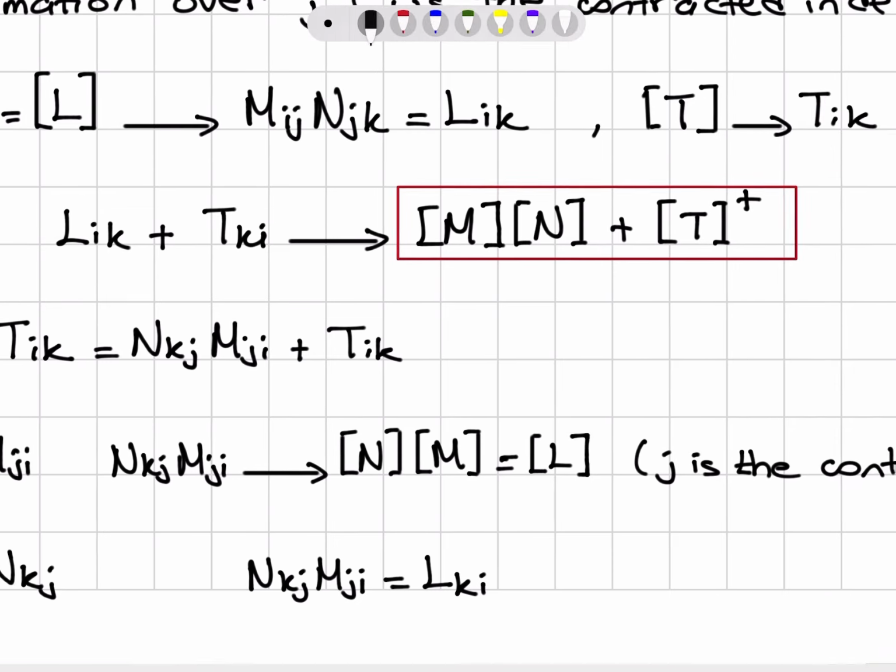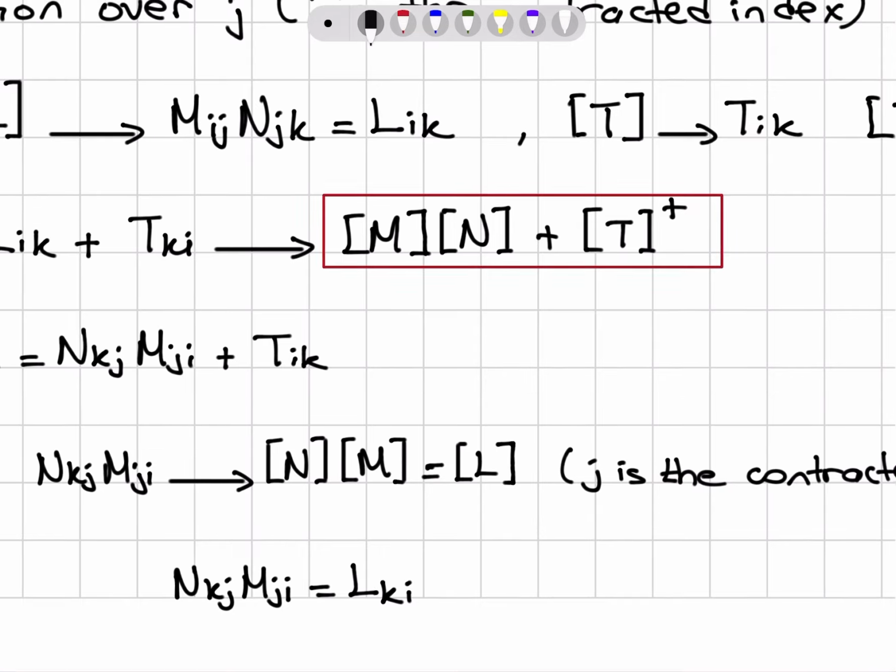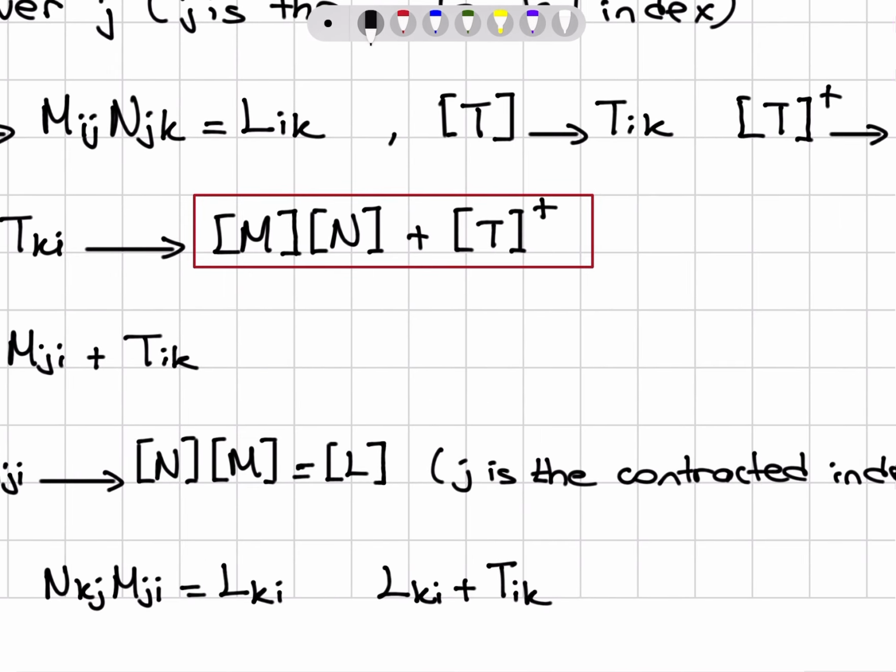So if Tik is the T matrix, then Lki is the L matrix with the switched positions of columns and rows. So I can interpret this Lki plus Tik as the transpose of the L matrix plus the T matrix.